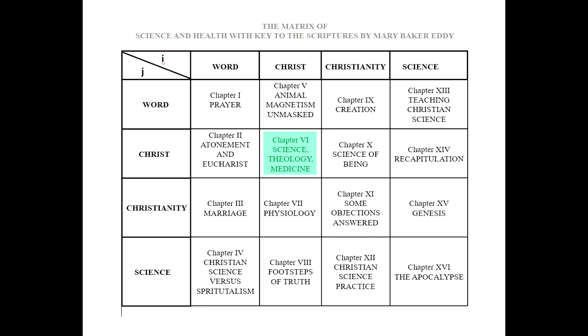But actually, by putting those first 5 chapters first, she gave her own way of life. She showed what was her way of life and what is everybody's way of life. The textbook shows us our way of life, and it's the way that each of us goes.